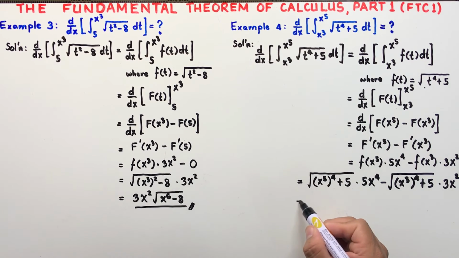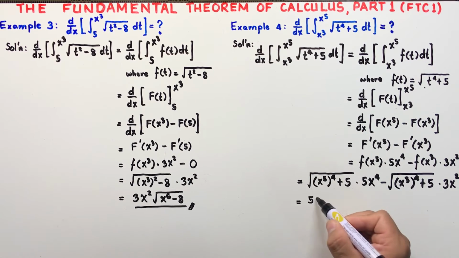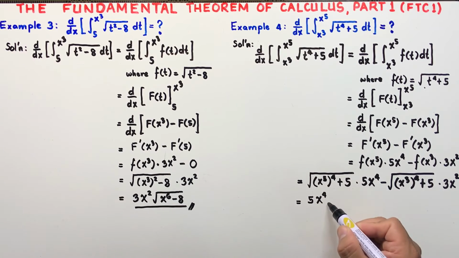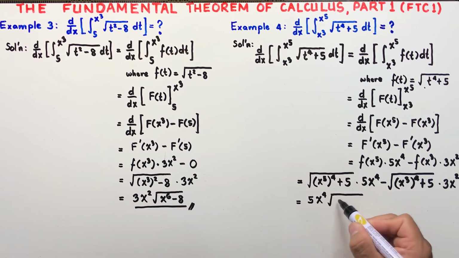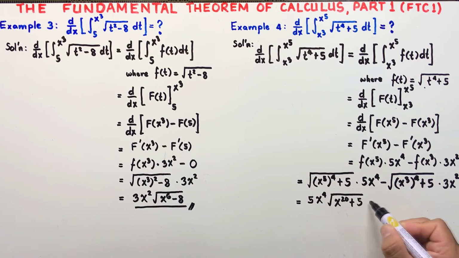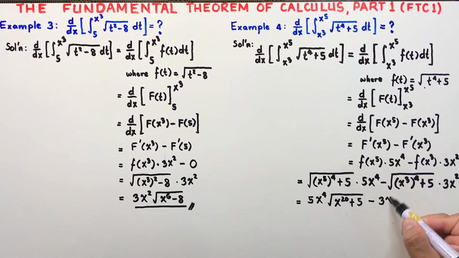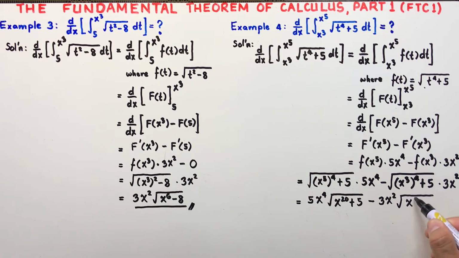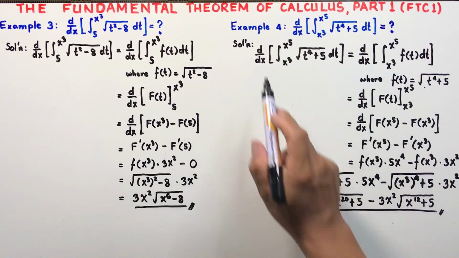So we have 5x to the power of 4 times the square root of x to the power of 20 plus 5 minus 3x squared times the square root of x to the power of 12 plus 5. And this is our answer for this example number 4.